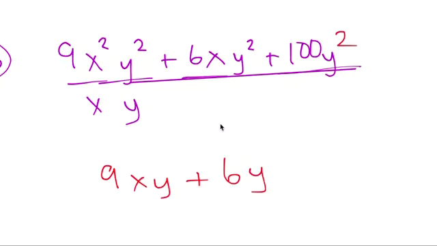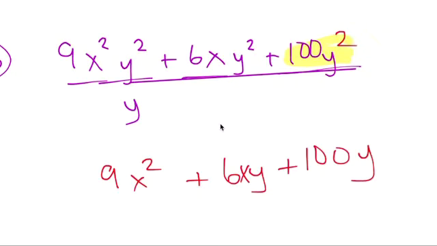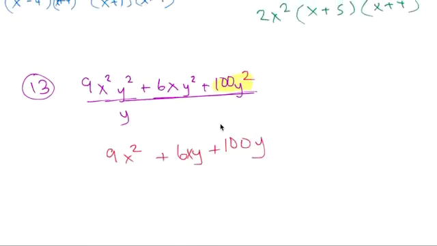Did I copy something wrong? Oh no, I can't factor out an x, only a y, because this one doesn't have an x. So I'm left with 9x squared plus 6xy plus 100y. Only one y goes away. Okay.